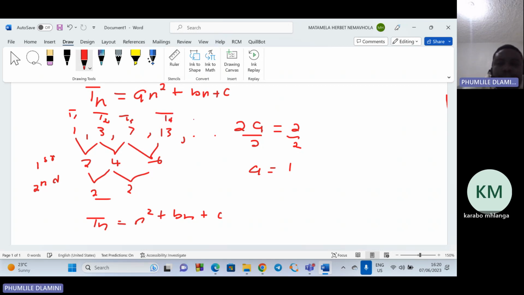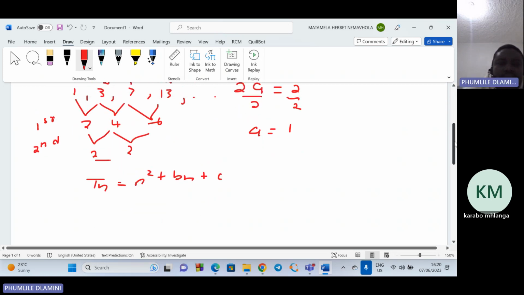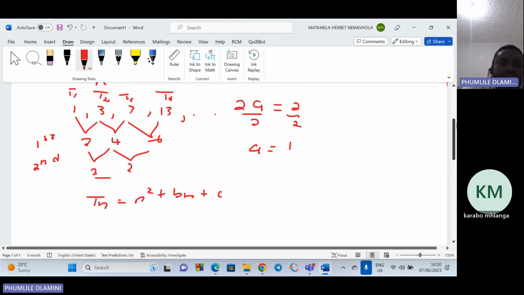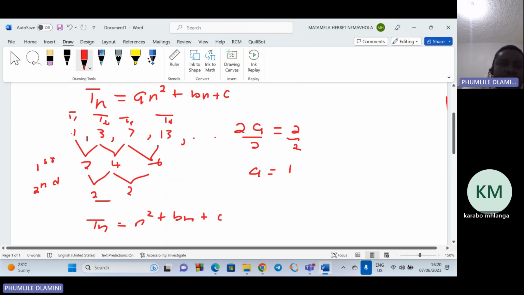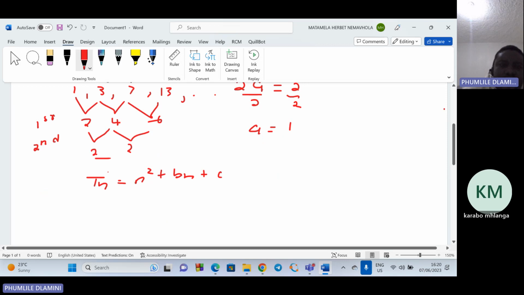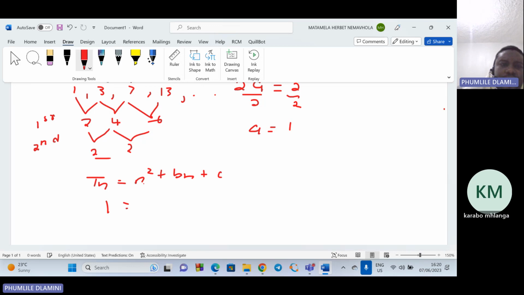There are two ways you can use to get this b and c, but the one I prefer is to substitute. When n equals 1, T1 is 1. You say 1 equals, where there is n we substitute 1, so it is going to be 1 plus b plus c. When you do this, you can solve it.